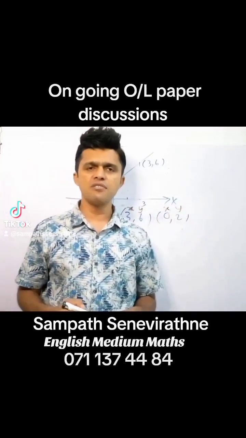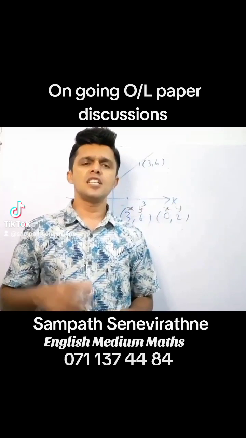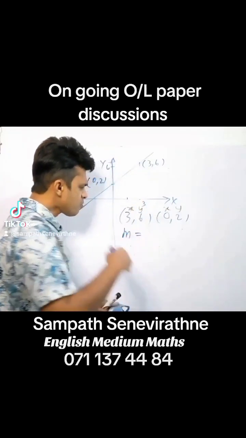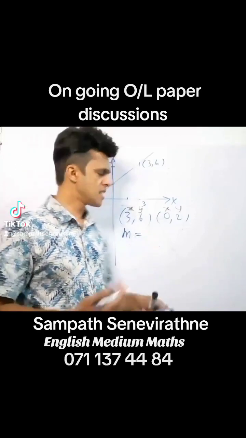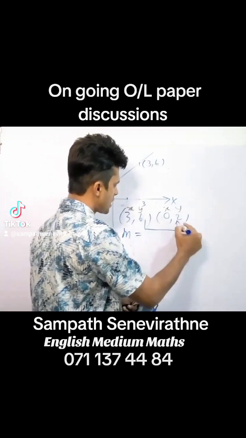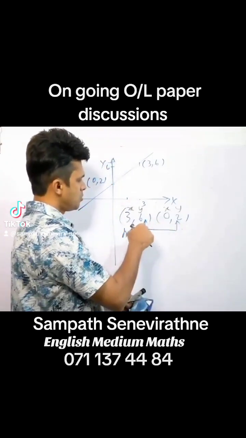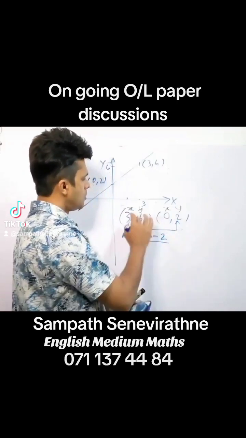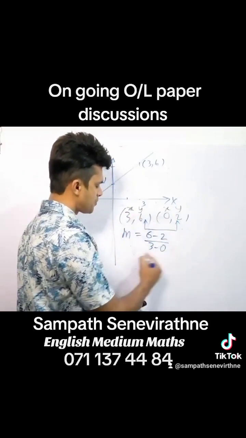You could get m as the difference of y coordinates over the difference of x coordinates. So you could get 6 minus 2 over 3 minus 0.